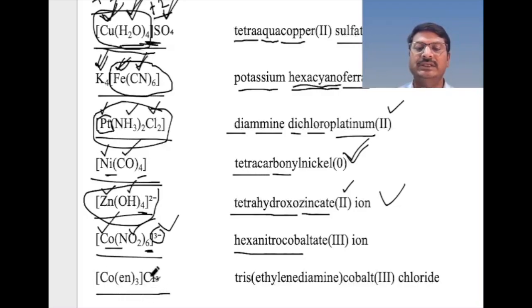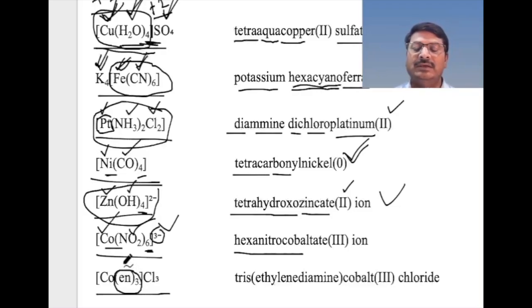Come to one more example. [Co(en)3]Cl3. And one more thing here you have to remember, it is the ethylenediamine ligand. Generally when you come to ligands, the ligand may be a monodentate ligand, bidentate ligand, tridentate ligand or like that.